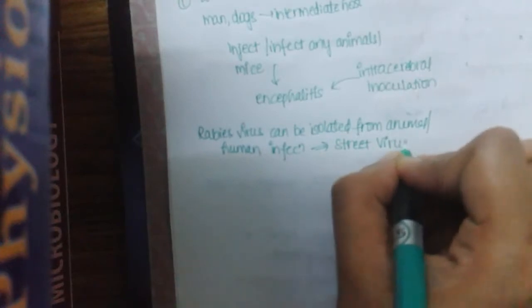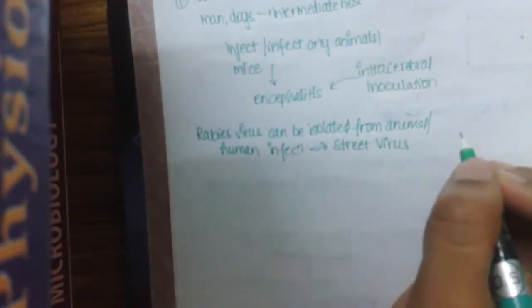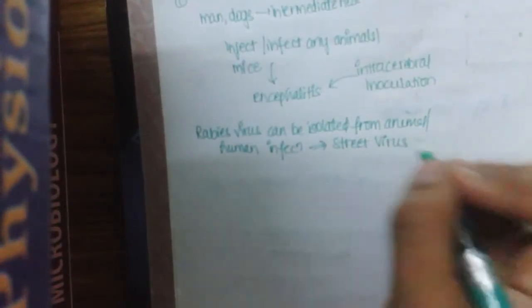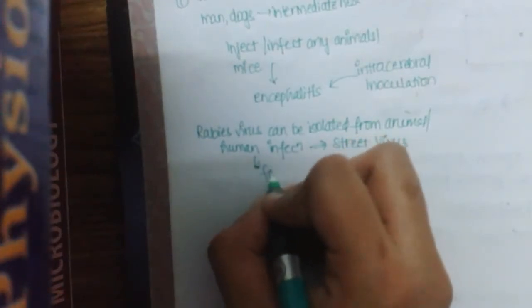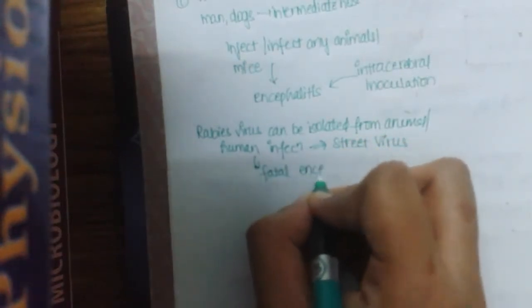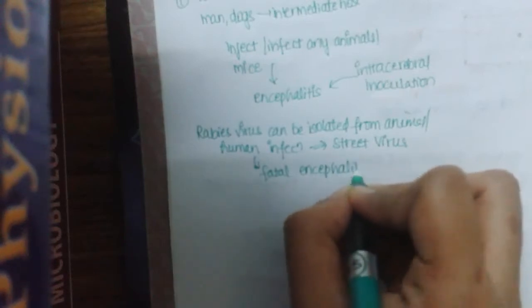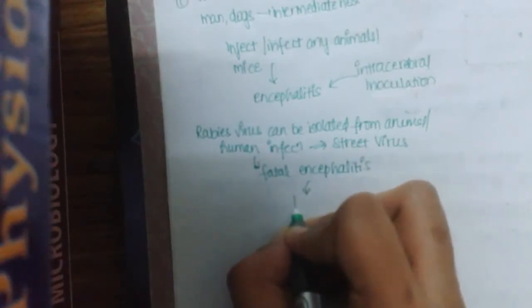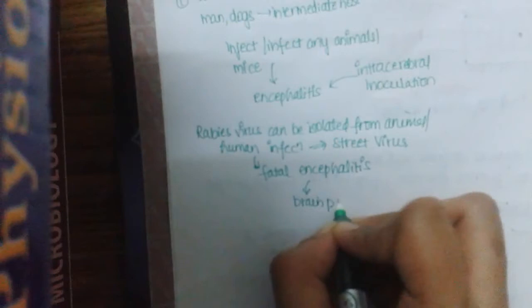If it is isolated from animal or human infection, then it is called street virus, and this causes fatal encephalitis. Encephalitis is nothing but brain parenchymatous infection.